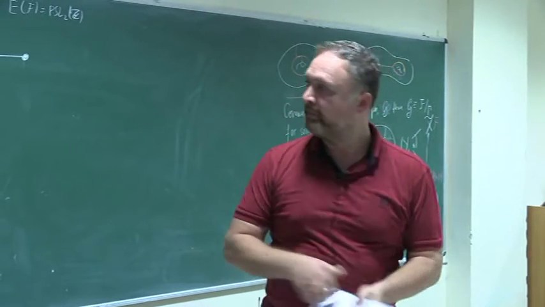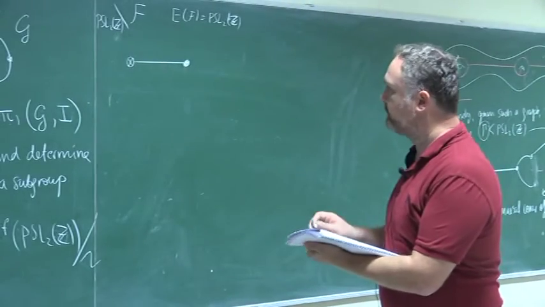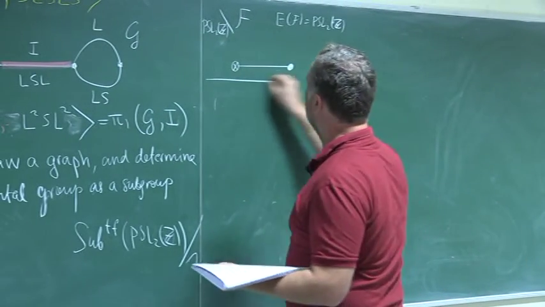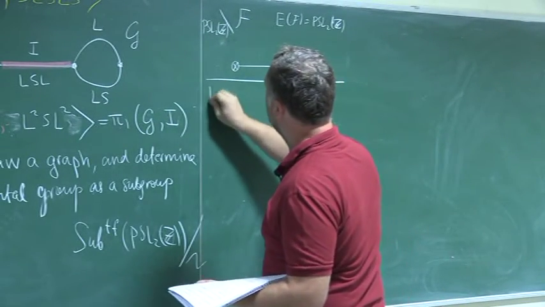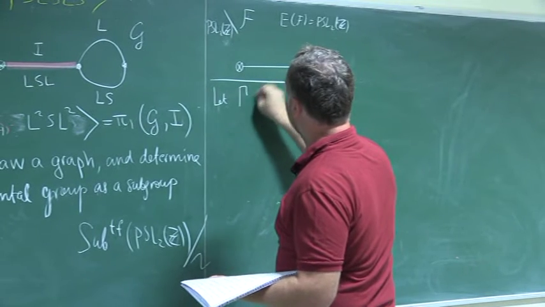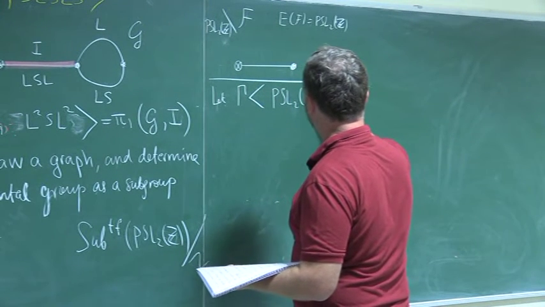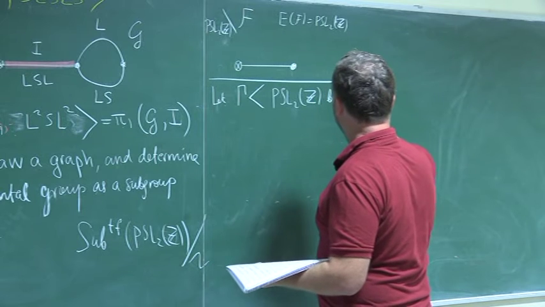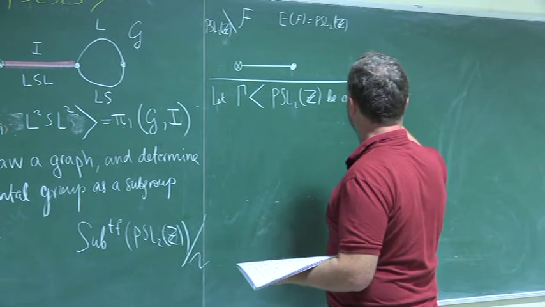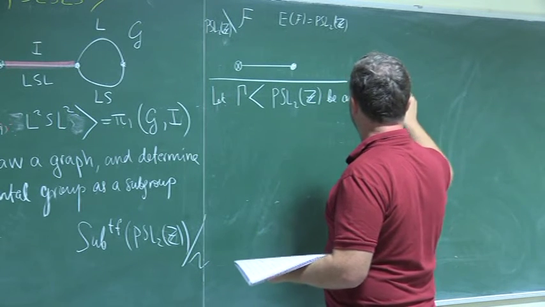So, in this case, in general, let gamma in PSL2Z be any subgroup.